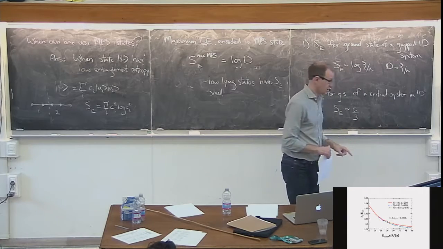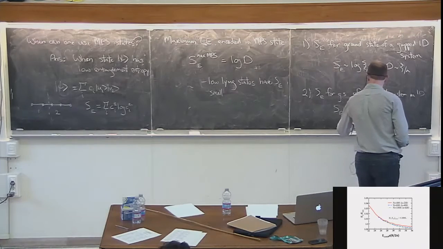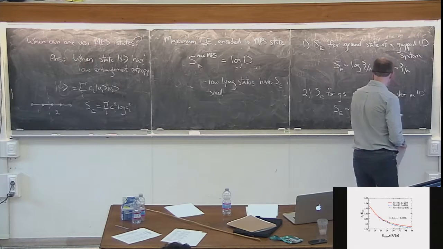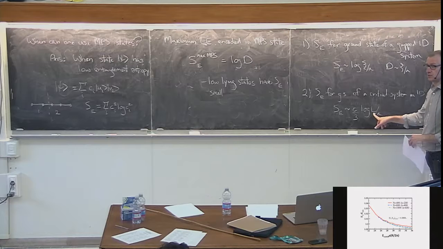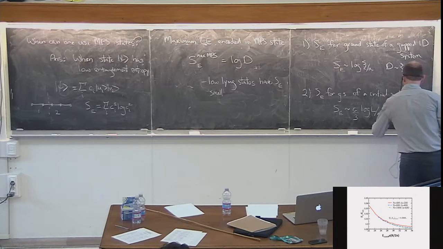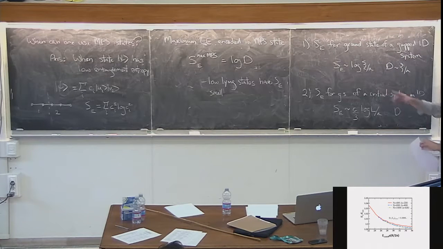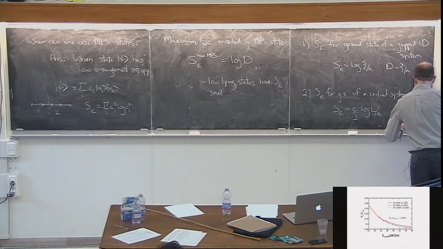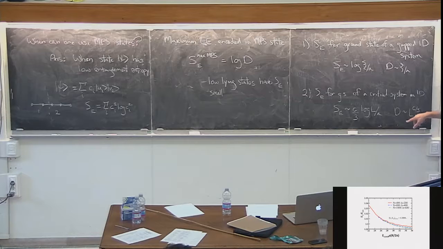It's controlled by the central charge of the critical system times the log of the length of the system. And so that means we would need our bond dimension for our MPS state to go as some power of the system size.